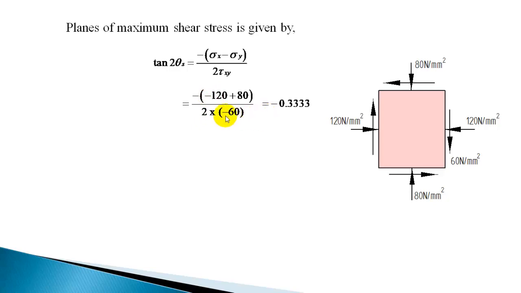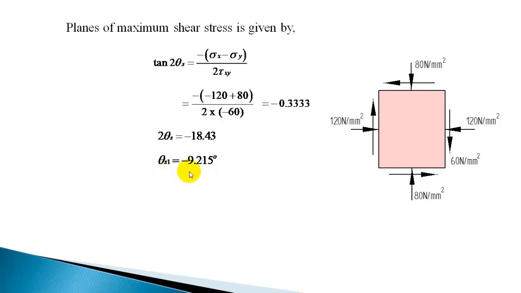Substituting the values, you get tan 2 theta s as minus 0.333. Now the value of 2 theta s is minus 18.43 and theta s is minus 9.215 degree. And we know there are two planes of maximum shear stress which are mutually perpendicular.